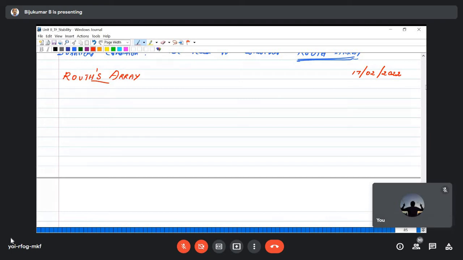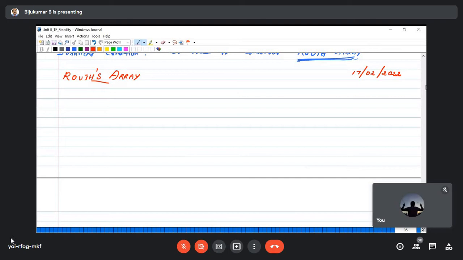Okay. So yesterday we were discussing the Routh stability criterion. Why we need to go for the Routh array, we have seen with two examples, right?